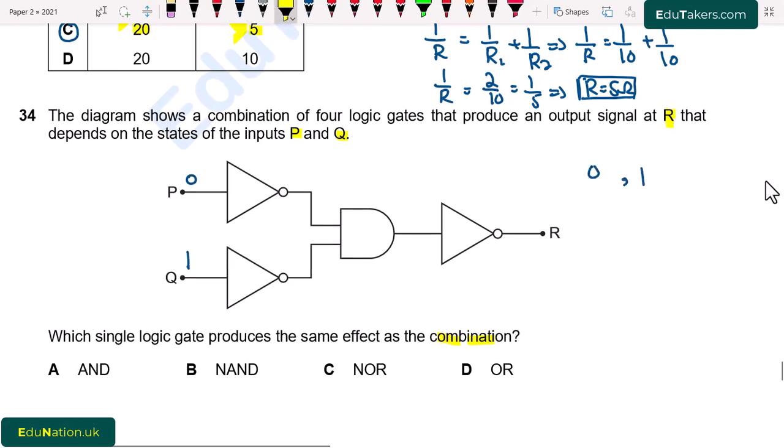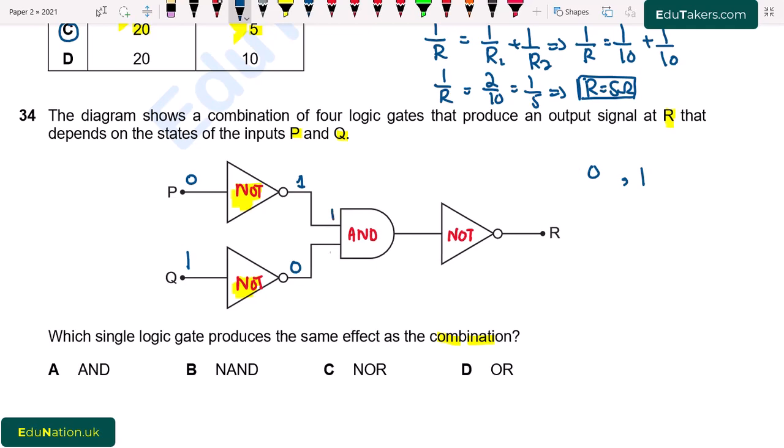So this is basically a NOT gate. This is also a NOT gate. I write here NOT. This is an AND gate, and it's also again NOT. A NOT gate changes 0 into 1 and 1 into 0. So when the input P is 0, it becomes 1, and when it is 1, it becomes 0.